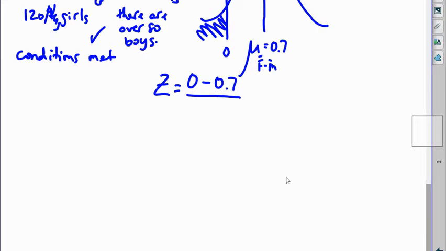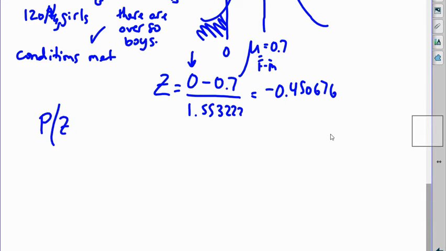Hypothesized value minus parameter value, or statistic value minus parameter value. The hypothesized value is usually your parameter value. And then let's put the standard error, the standard deviation of the sampling distribution, down here. Okay, z is negative 0.450676.